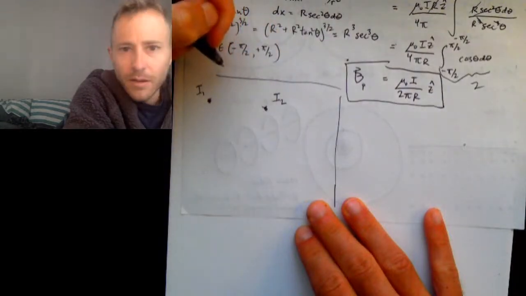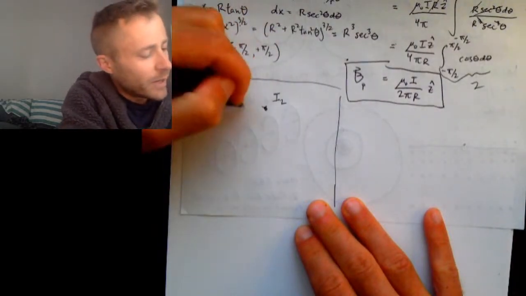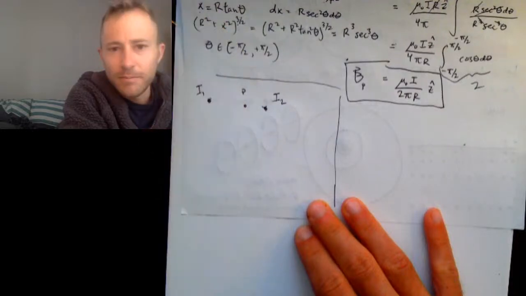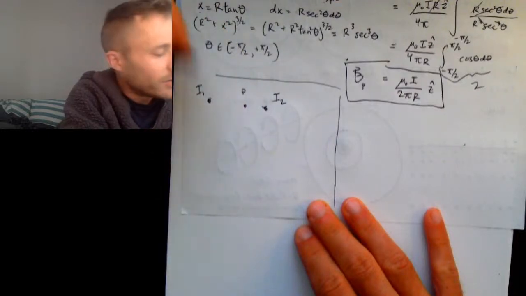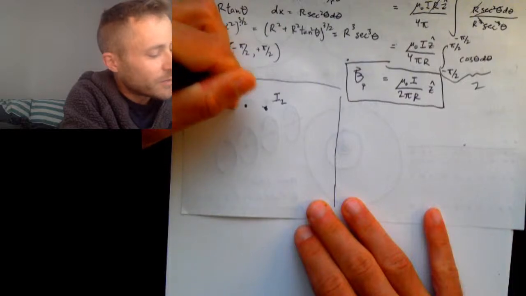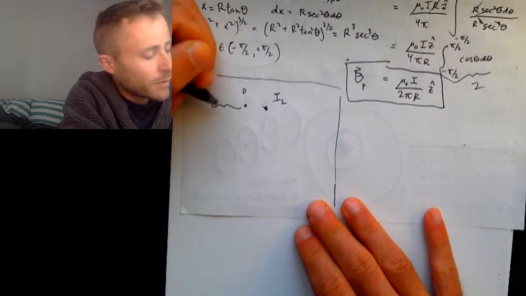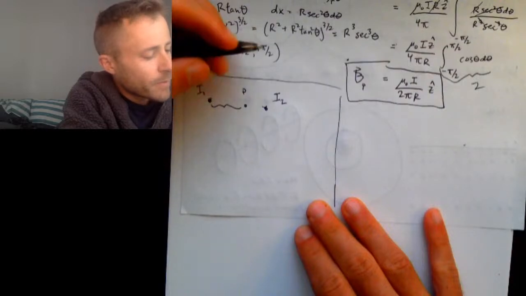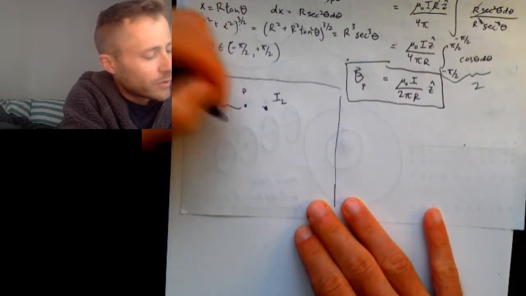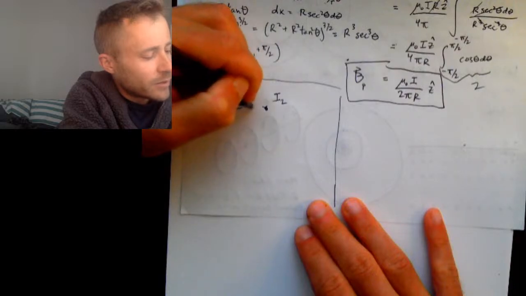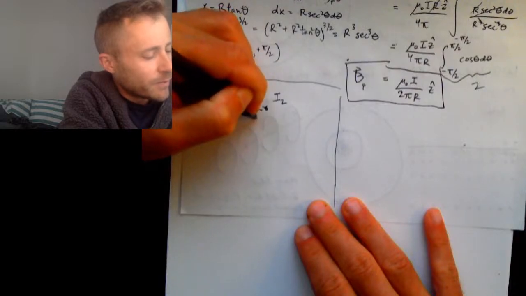Okay? And I want to know, what is the magnetic field right here at point P? And let's say that this distance is x1 and this distance is x2.